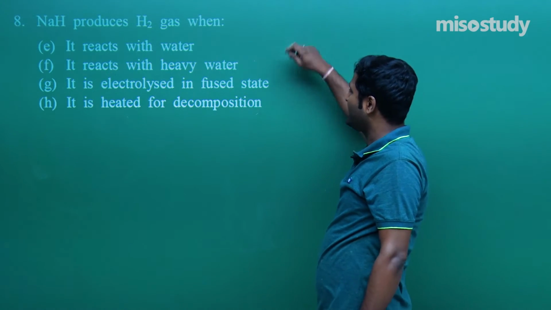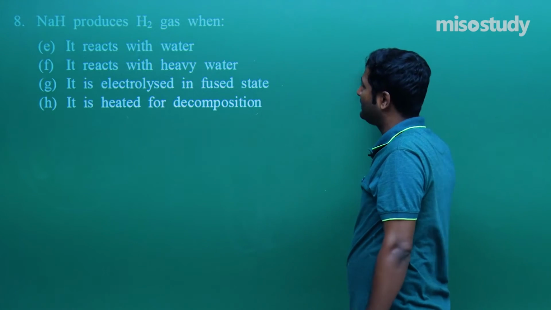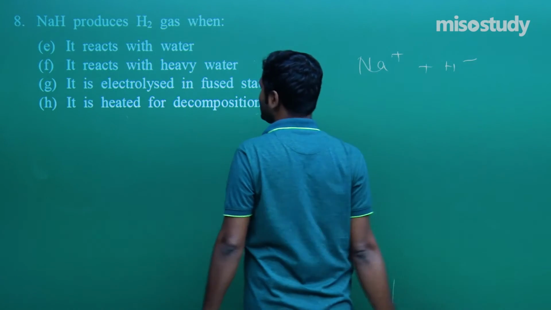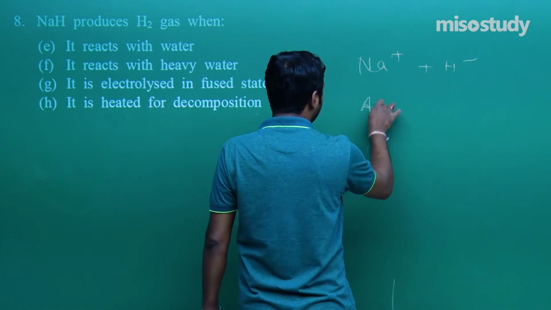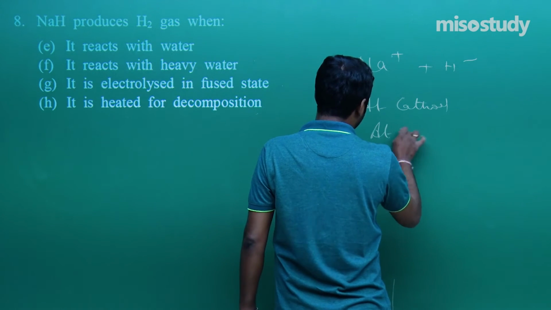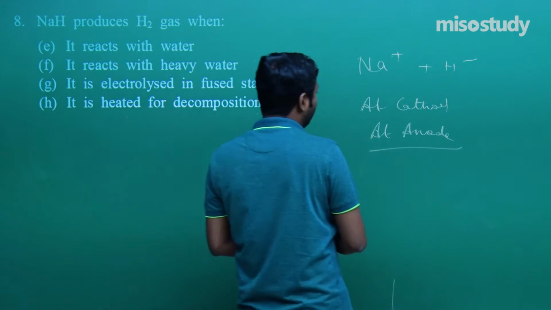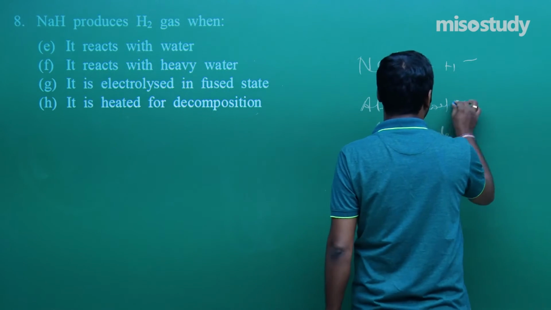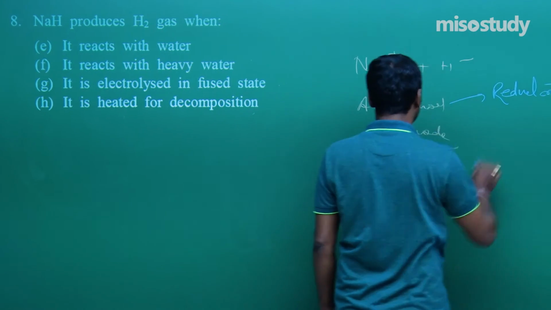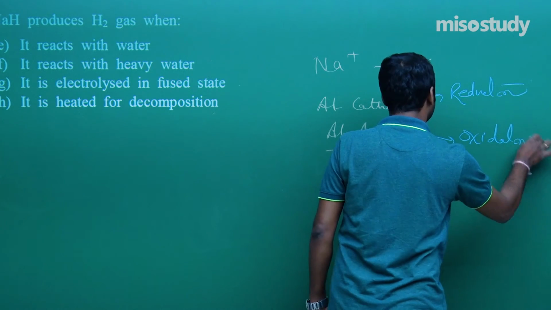And it is electrolysis in fused state. Yes, in electrolysis in fused state, what will happen? It will break like this, Na+ and H-, in fused state, with anode and cathode. Na+ and H- move, at cathode there is a reduction, and at anode there is an oxidation.